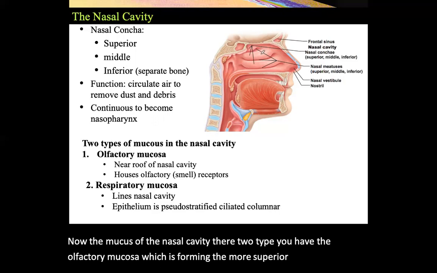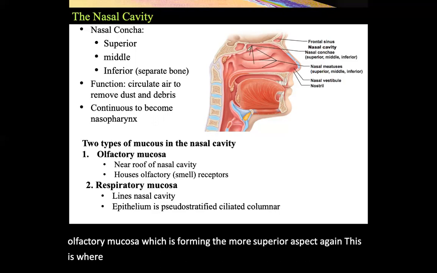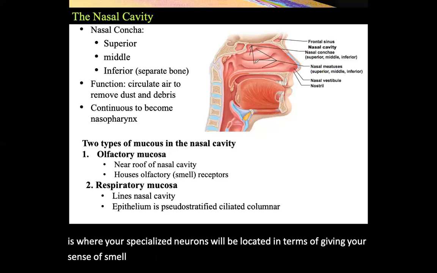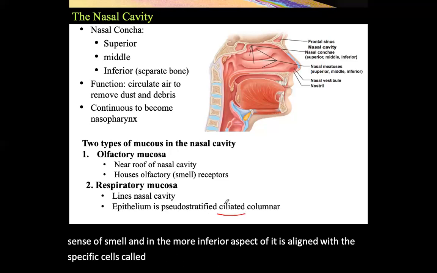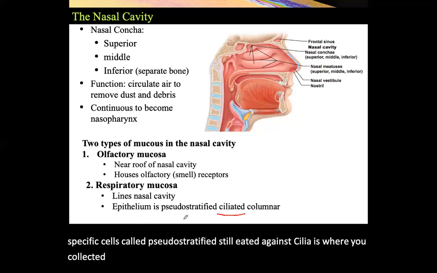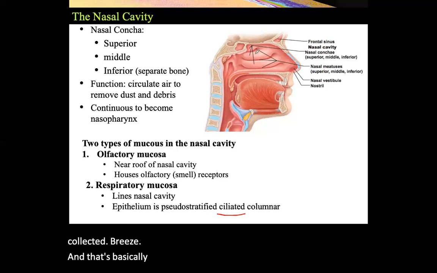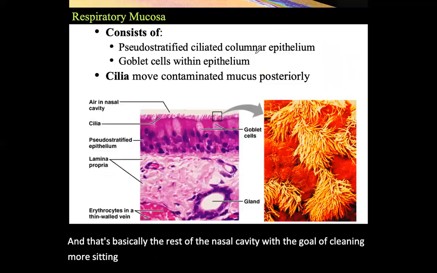Again, this is where your specialized neurons will be located in terms of giving you a sense of smell. And the more inferior aspect of it is lined with specific cells called pseudostratified ciliated. Again, cilia is where you collect the debris. And that's basically the rest of the nasal cavity, with the goal of cleaning, moistening, and warming up the air.